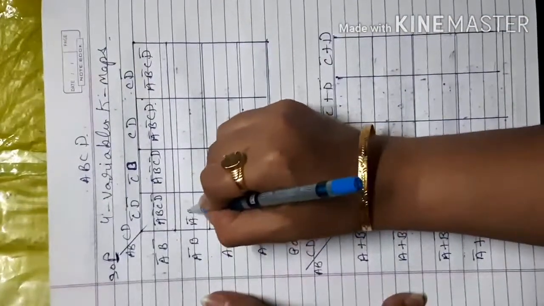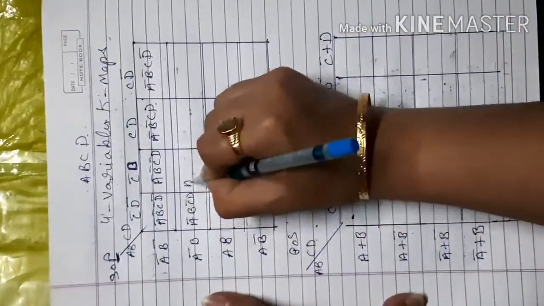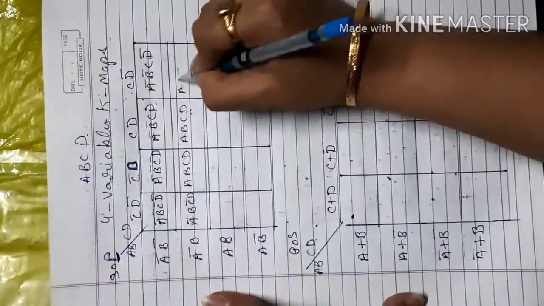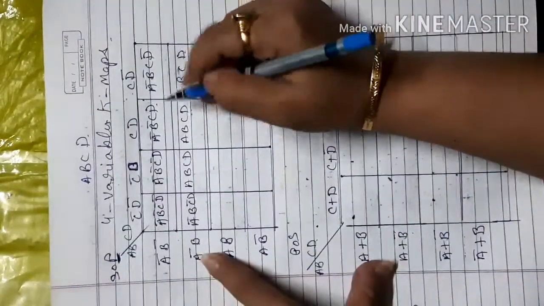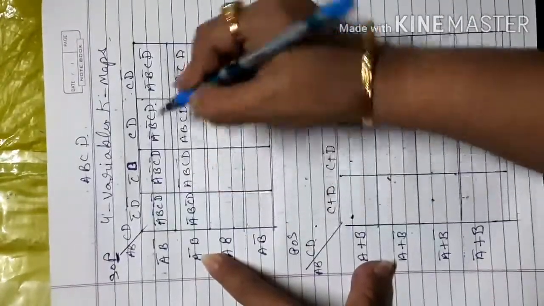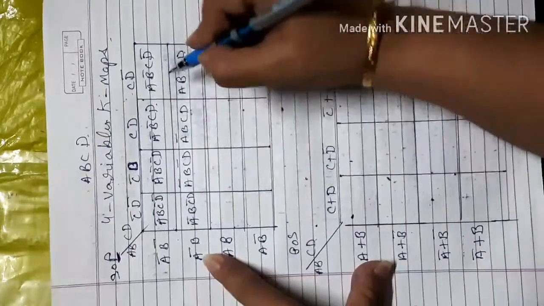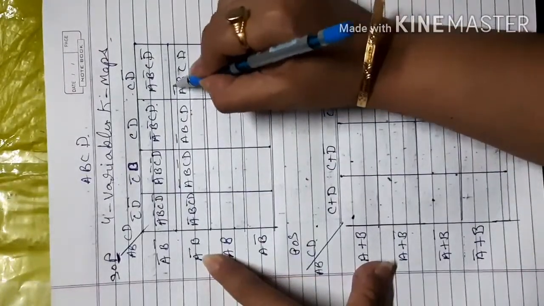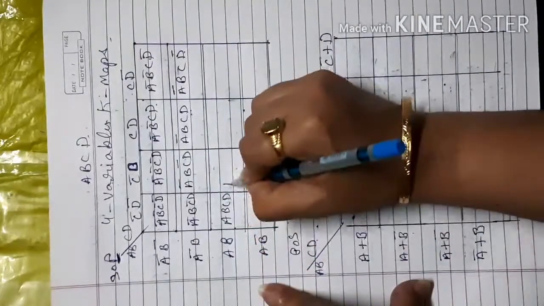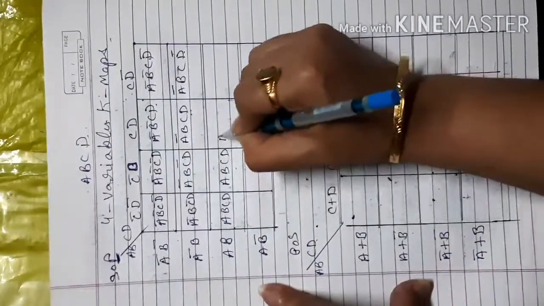Similarly, A, B, C, D. So first I will write it here, so that will be easier and it will save my time. This is C, only A and C complement. This is A complement and this is A complement and D complement. Here also ABCD, ABCD and ABC.